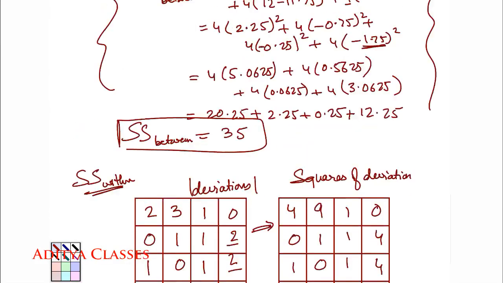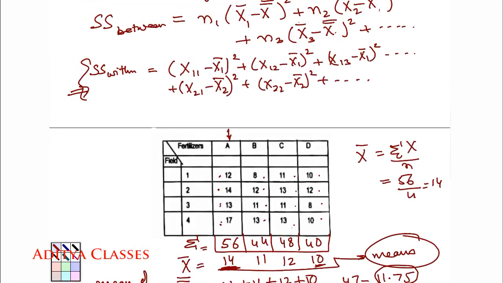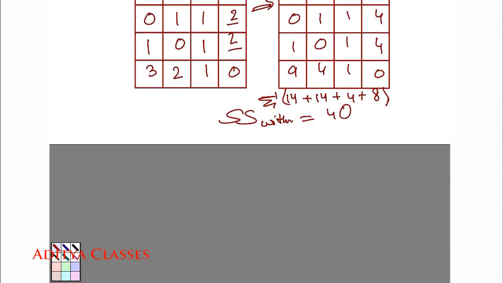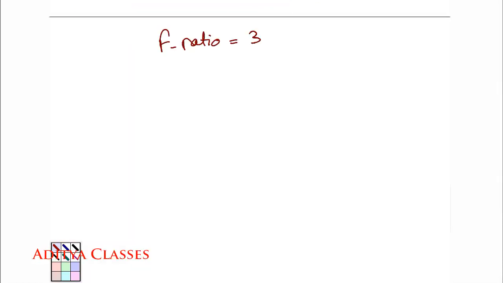Now let us go ahead and check our hypothesis. What is my F ratio? Remember what was it? It was 3.5. 3.5, and this will be F ratio practical.